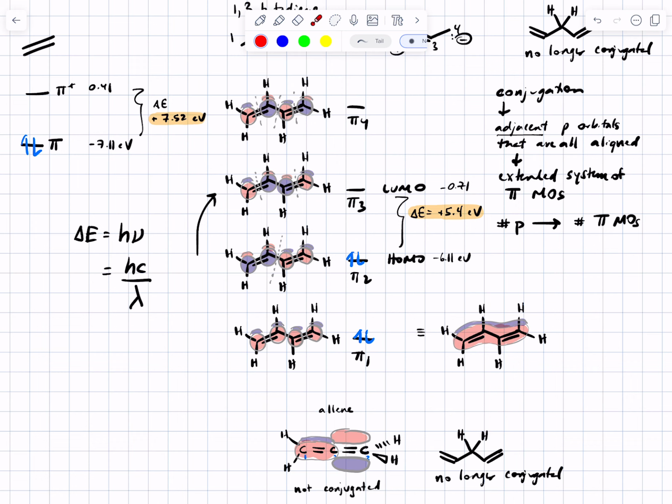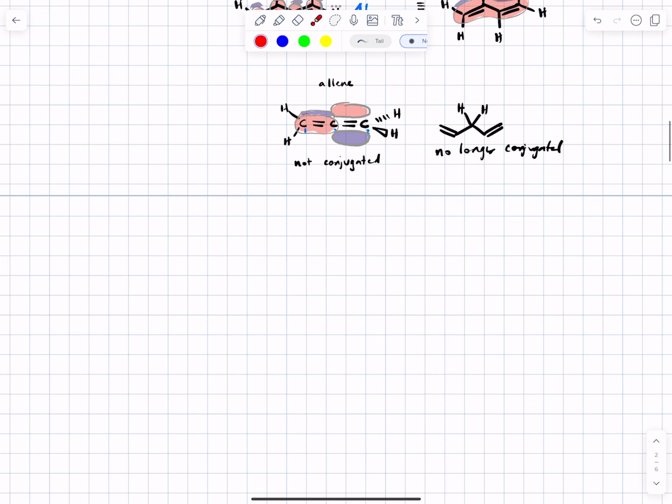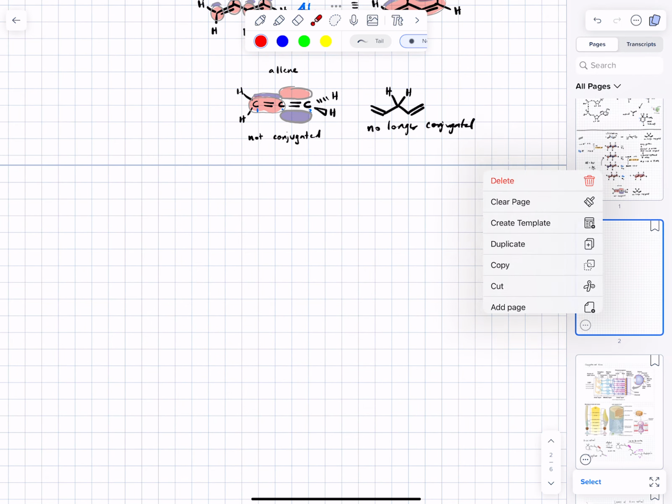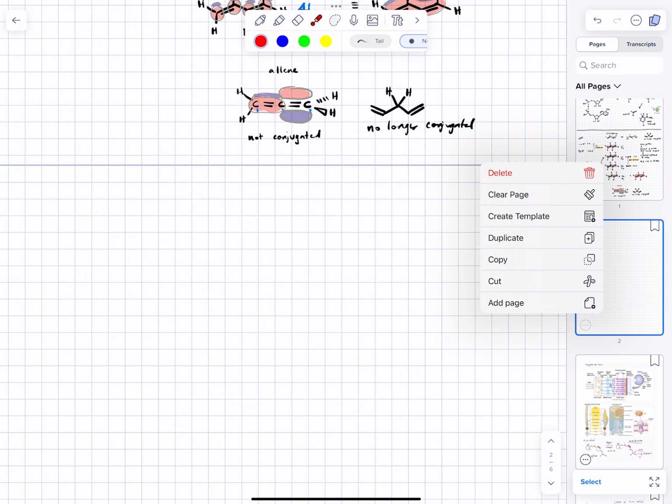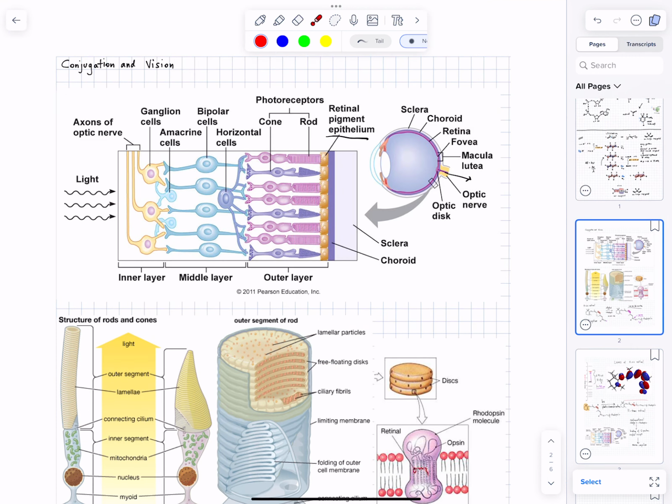But for now, I'll just show you a conjugated molecule that has not just two pi bonds conjugated to each other, but much more. So this is the story of Vision, not Vision from Marvel, but your Vision.